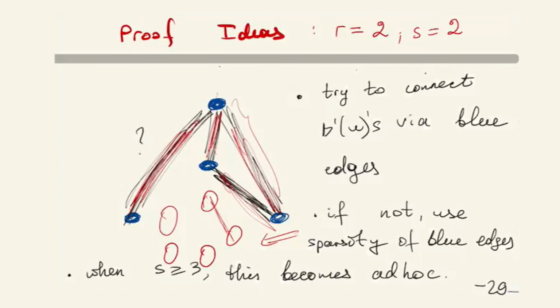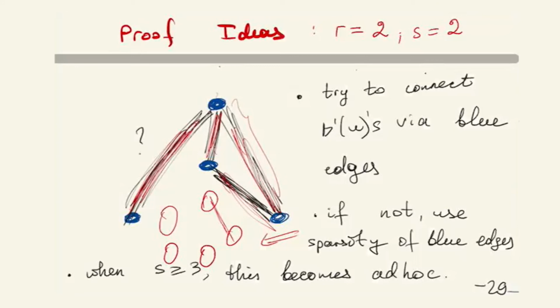So you can imagine that, for example, when the number of colors becomes larger, already for more than 3 colors, this becomes much more ad hoc. In the 2-color case, it's easy: it's either one color or the other color. In the 3-color case, now you have to do more stuff.